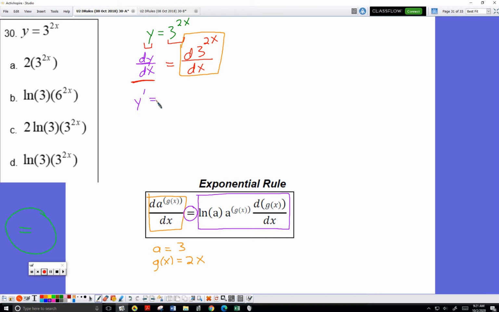That means the same thing as dy dx. So I have the natural log of A, A in this case is 3, multiplied by A to the g of x. So that's 3 to the 2x. Multiplied by d over dx of g of x. Like so. Questions?